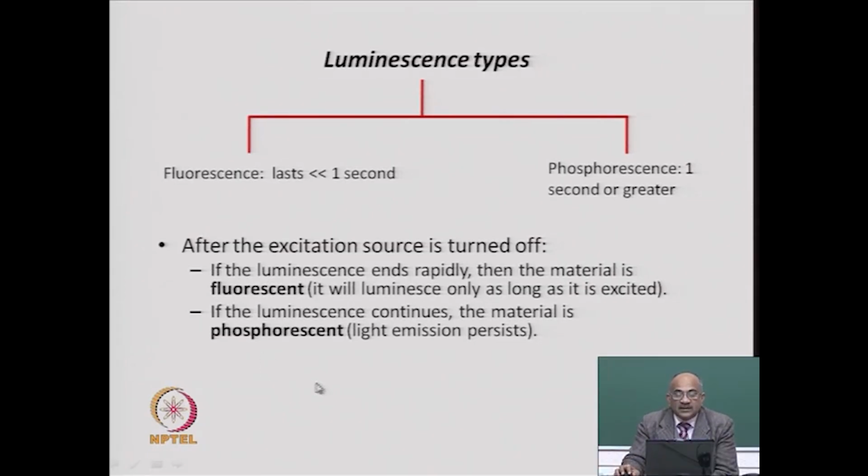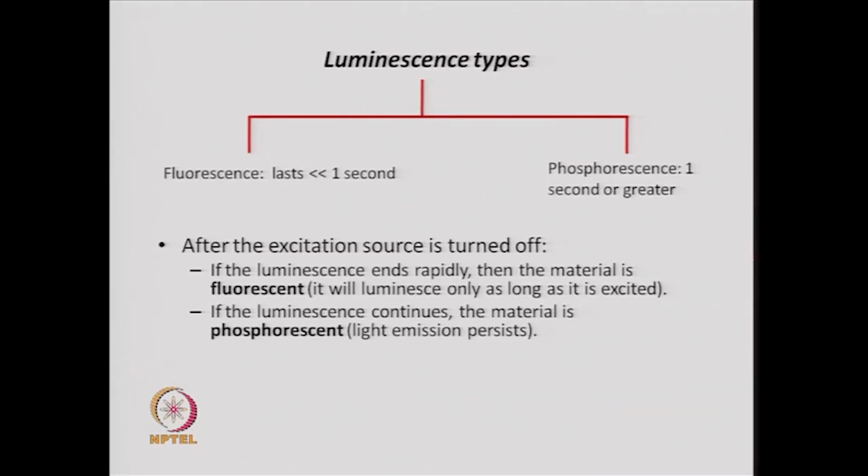But in phosphorescence, if you shine light on the material and after some time you stop the light, you may still see a glow of light coming from the material, and that material is called phosphorescent material, because it is giving you a delayed radiation. So, there is what is called a glow much after the light which was shining has been switched off.